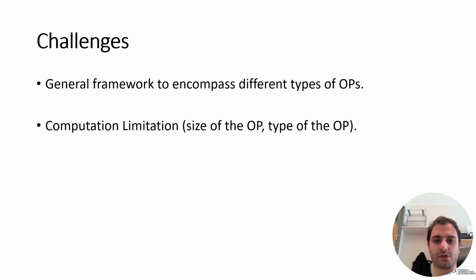Okay, so to end our presentation, we present a brief of the challenges. First, we already mentioned both, but just to give some more focus, the first challenge is how can we make a general framework to encompass different types of optimization problems?